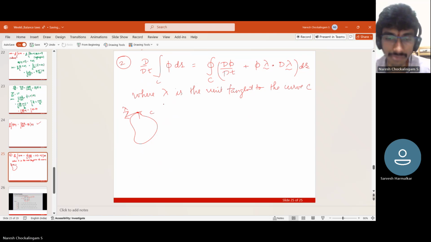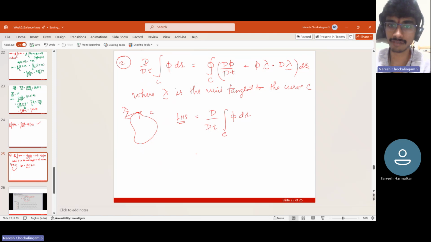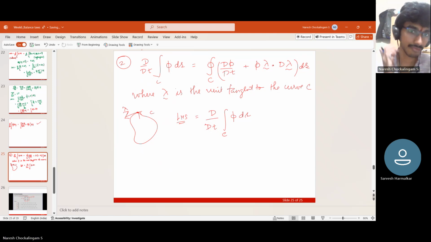I'm sorry. So what do we do? Let's solve this problem. Start with the left hand side as usual. We are still in the Eulerian description: d by dt of the integral of phi ds. This is the curve C. As we did last time, take it back to the Lagrangian.